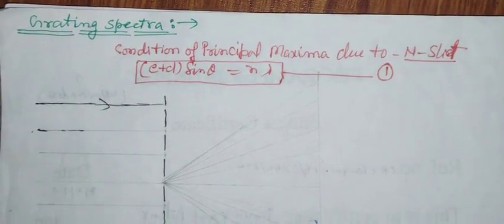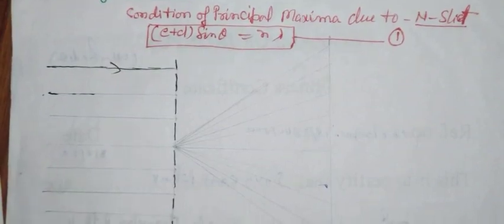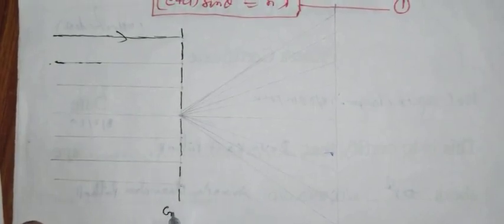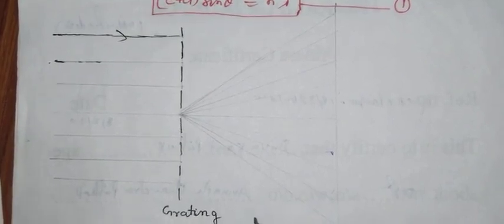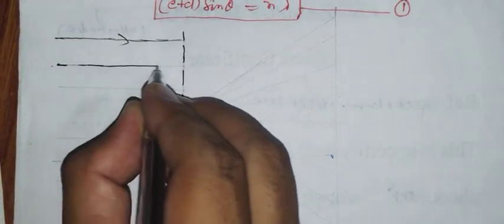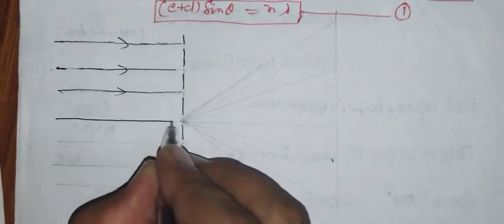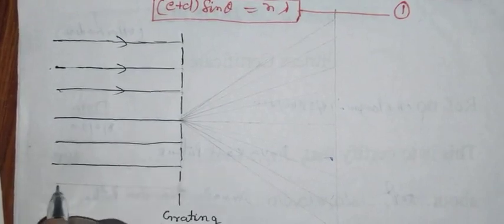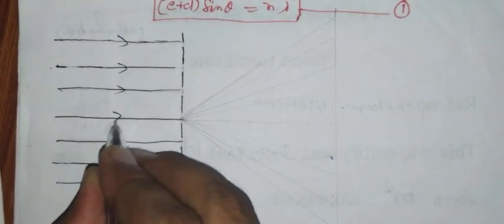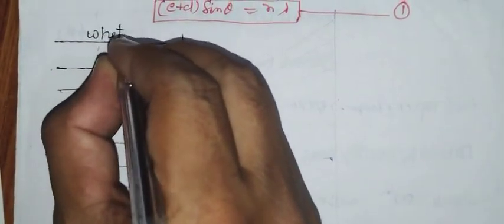Now see carefully here in the diagram to understand the concept of the spectrum analysis. In this diagram, this is a grating glass. This is a ray of light, a white ray of light.